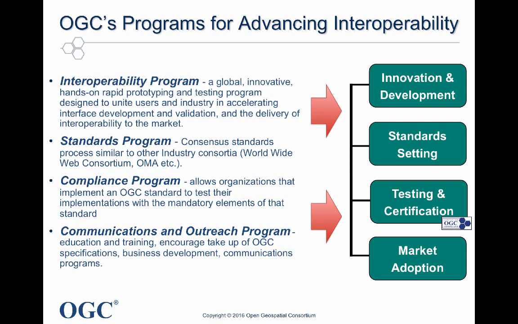I've mentioned the Compliance Program, which is the tests that allow the vendors to certify their software is compliant, and allows procurement officers to request compliant software in their procurements. And then communication outreach to get us beyond the bubble. And we need that help. Denise and their crew help us every day to turn what we have as tech speak into things outside the bubble. So let me focus on the Interoperability Program.